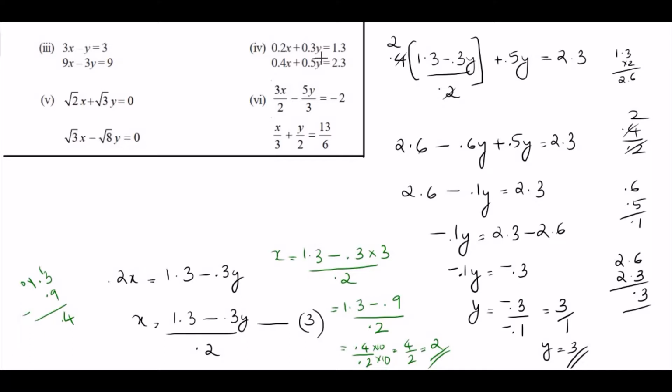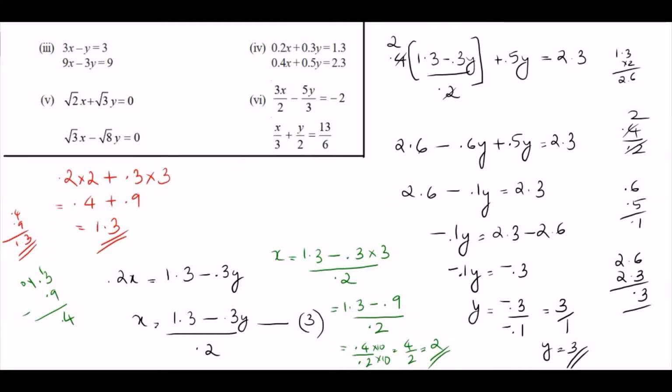Now let's substitute the x and y values in the equations and check if it is right. So 0.2 into 2 plus 0.3 into 3 is equal to 0.4 plus 0.9, 1.3. So it satisfies the first equation.